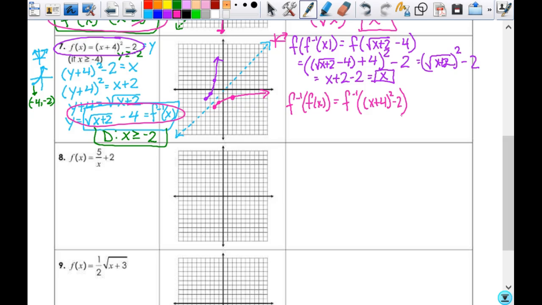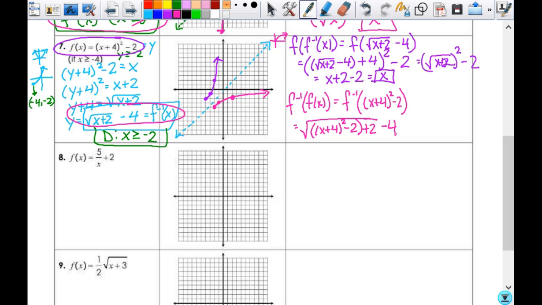So I'm going to take that, substitute it in everywhere in here. So this is going to be the square root of x plus 4 squared minus 2 plus 2, all that's underneath, and then minus 4.